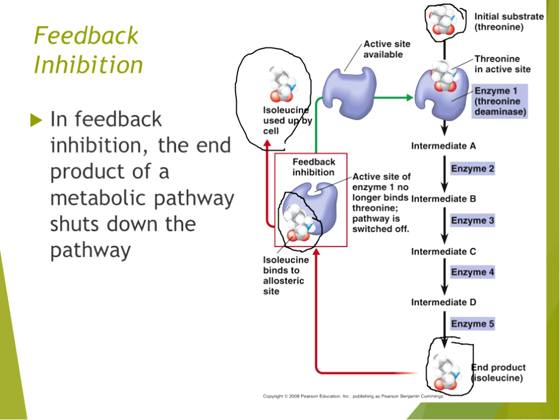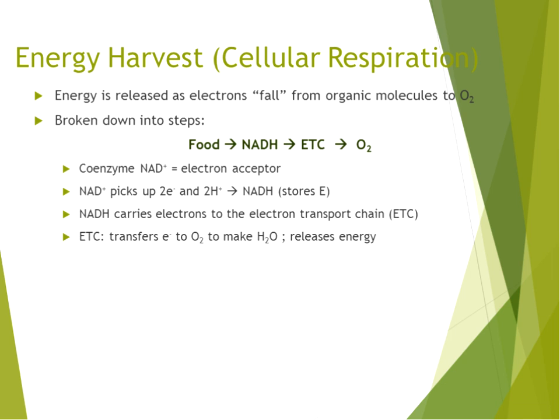When that isoleucine gets used up, as you can see up here, it comes off of there because it's being used, and now it opens that inhibition spot up, and so the enzyme resumes its normal shape and can bind again so that more isoleucine can be made. So that's an example of a feedback inhibition that might take place, and how we can have the products becoming the inhibitor to stop a feedback until that product is necessary again because it's been used up.